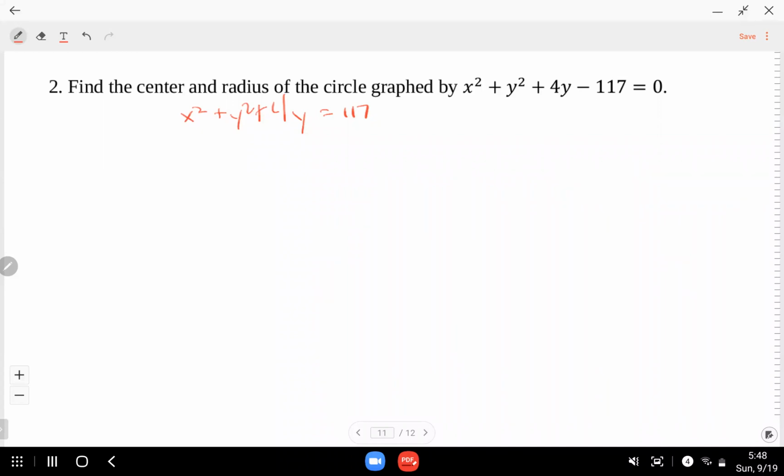So add 4 to both sides. All right. So you see here, the center would be (0, -2), okay? And then the radius would be 11.